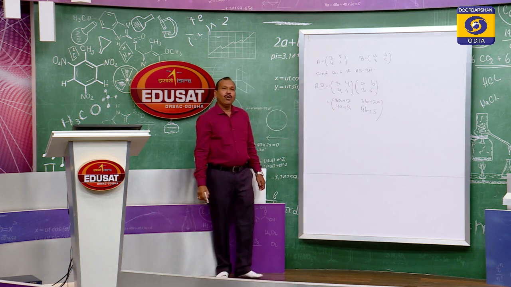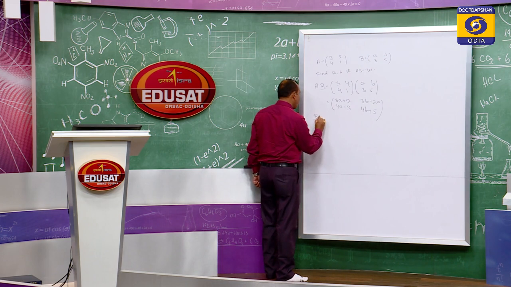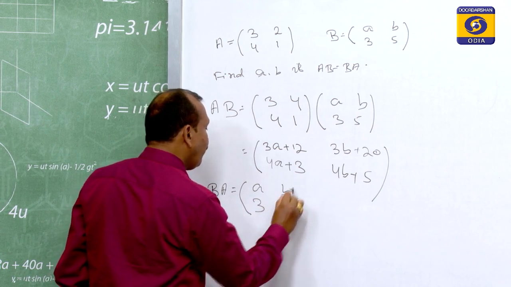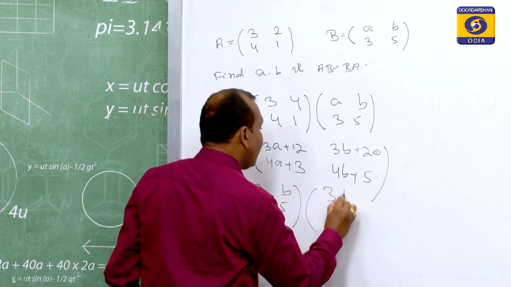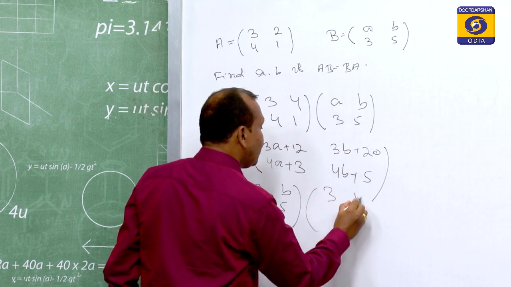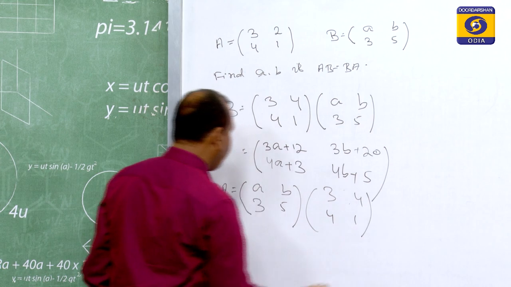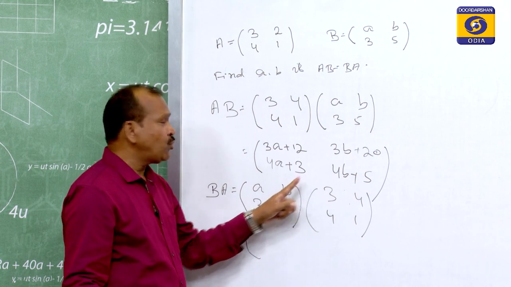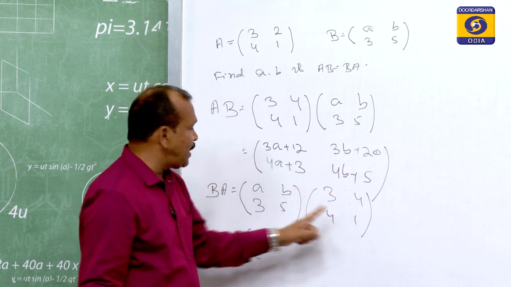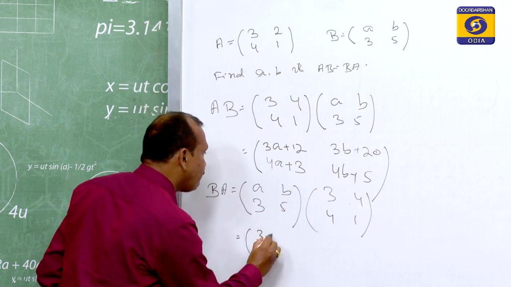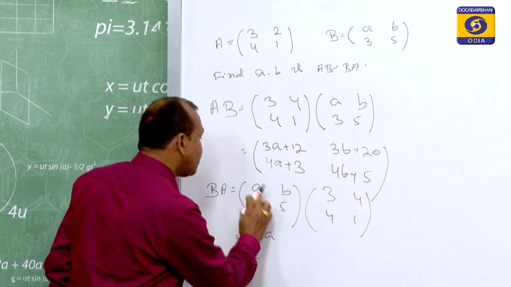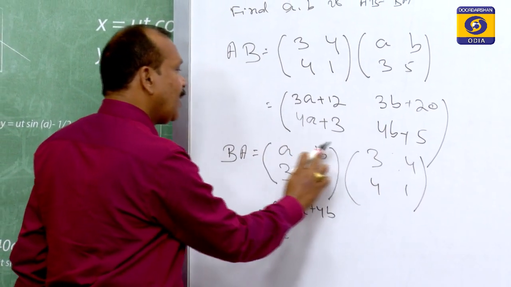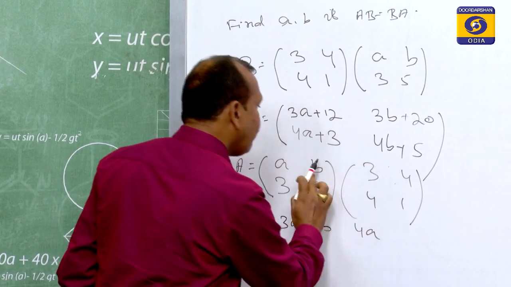Next, we have to find out BA. BA means a b, 3 5 multiplied with 3 2, 4 1. Then we take the first row of the first matrix with the first column and second column of the second matrix. That becomes 3a plus 4b, then 2a plus b.